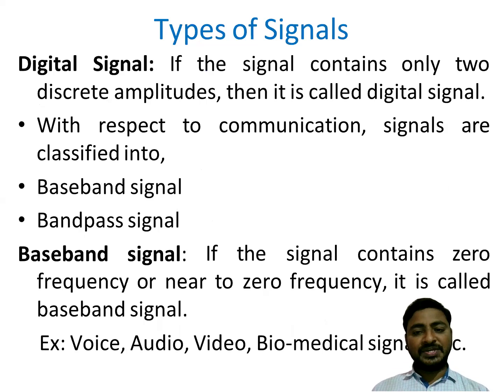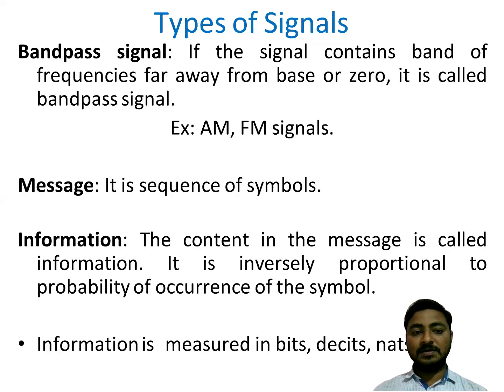With respect to communication, signals are classified into baseband signals and bandpass signals. First, I will explain the baseband signal. If the signal contains zero frequency or near to zero frequency, it is called a baseband signal. Examples of baseband signals are voice, audio, video, biomedical signals. Next is the bandpass signal.